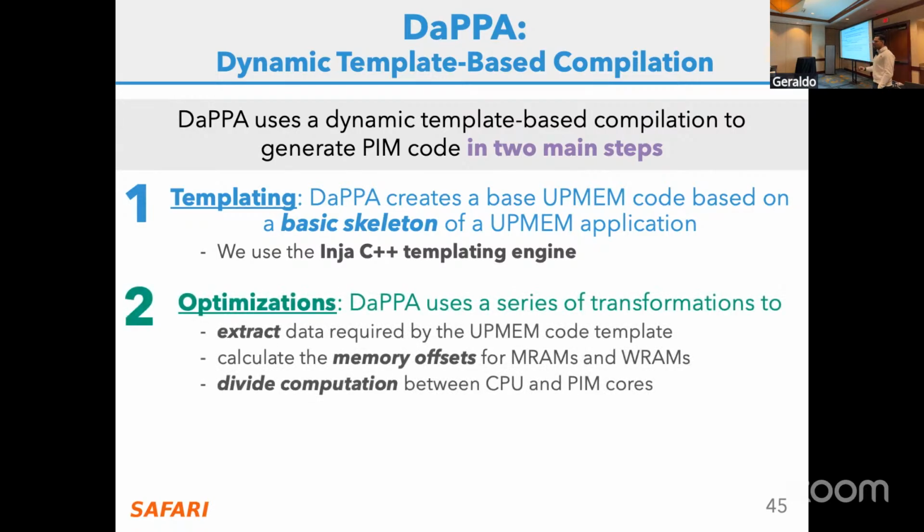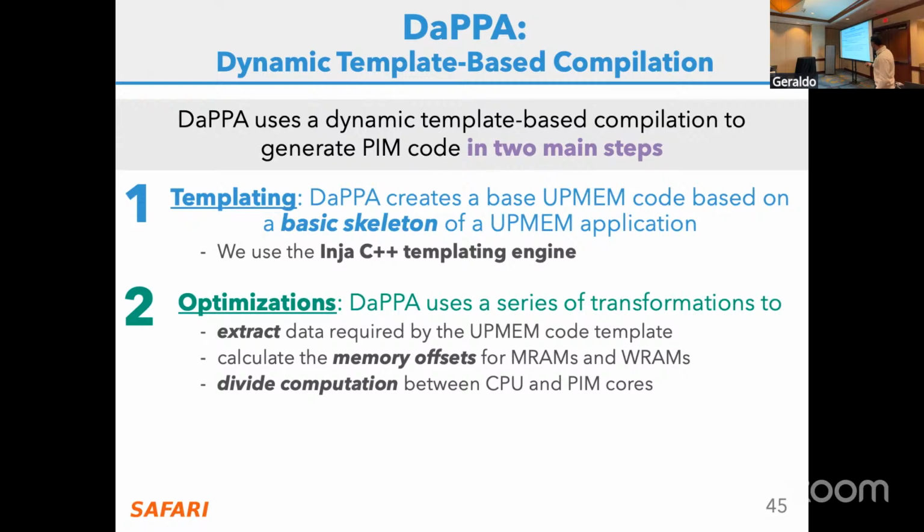Then we implement some dynamic optimizations where we dynamically compile each one of those pipelines in the application, execute them inside the DRAM chip or the UPMEM chip, and then move the appropriate output results to the host CPU, transparently from the user.